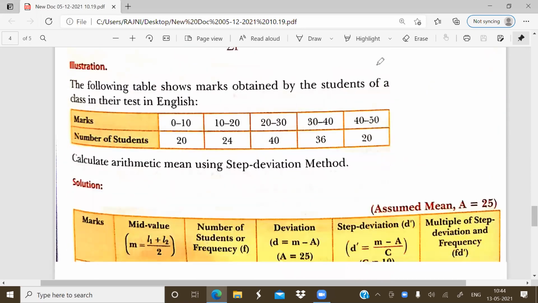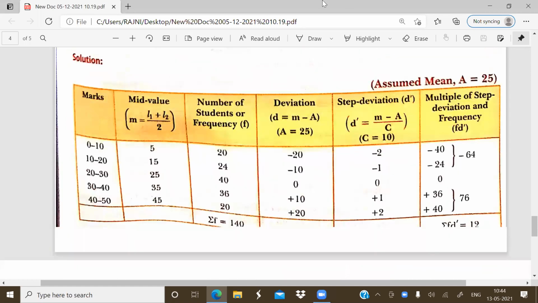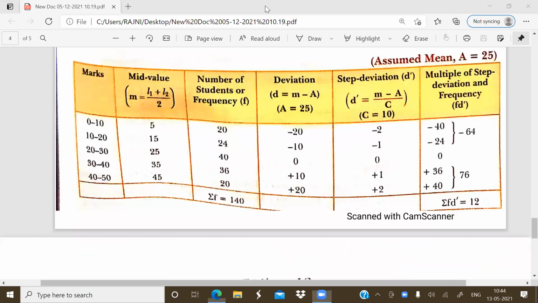We will also discuss this method with the help of an example. Class intervals are given here. What will be the first step? To find the mid value. Okay. Then find the deviation. D is here. Assumed mean is 25. Now the main term is D dash. D dash is equal to D divided by C. How can it be calculated?